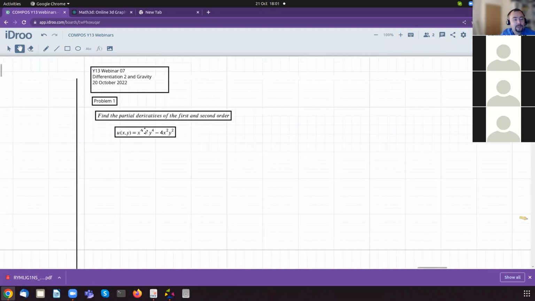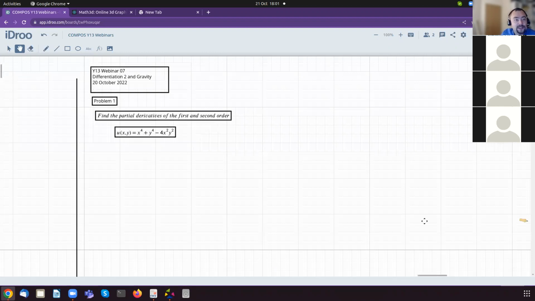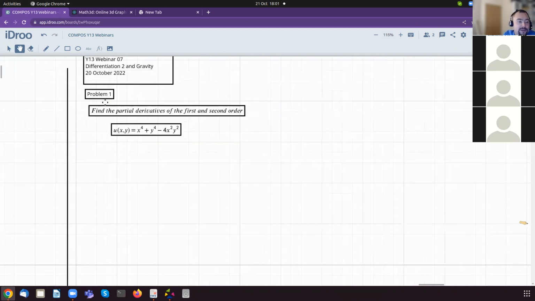Problem one. Find the partial derivatives of the first and second order. So how to do that? This is actually quite simple. The partial derivative is du, and let's say dx.